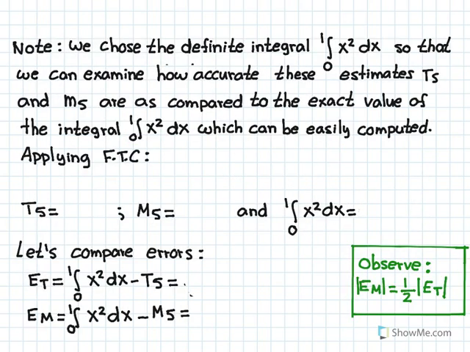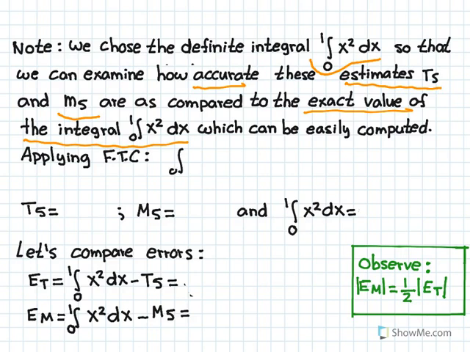All right, now we chose the definite integral from 0 to 1 of x squared dx so that we can examine how accurate these estimates, the trapezoidal rule with 5 partitions and the midpoint rule with 5 partitions, are as compared to the exact value of the integral. And the exact value can easily be computed using the fundamental theorem of calculus. So let's do that.